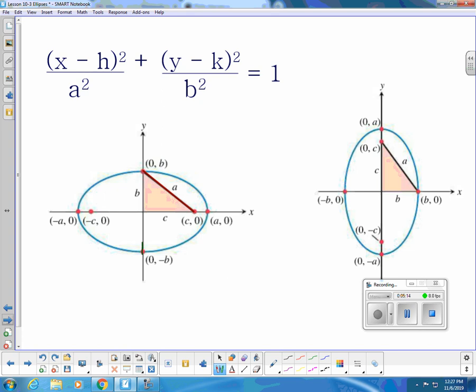If I'm looking at the left one here, the horizontal one, it's longer horizontally. If you go from the center of this ellipse all the way to the end point, we call that A. A is the longest length.